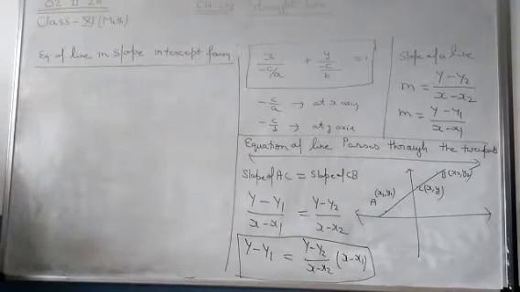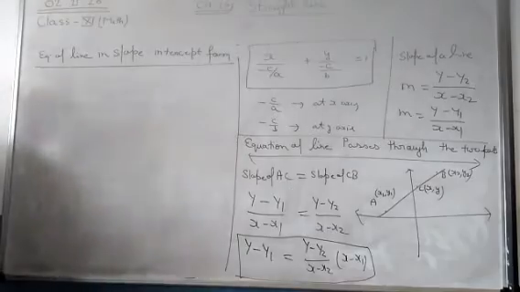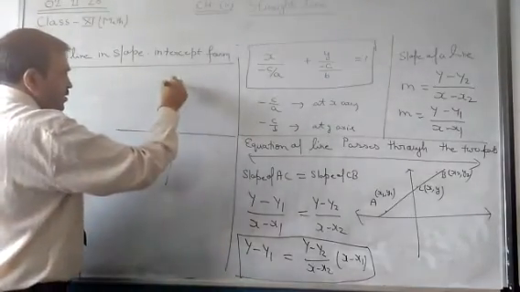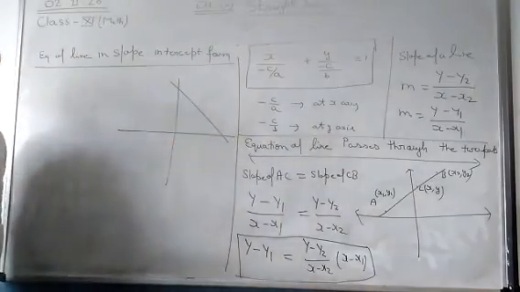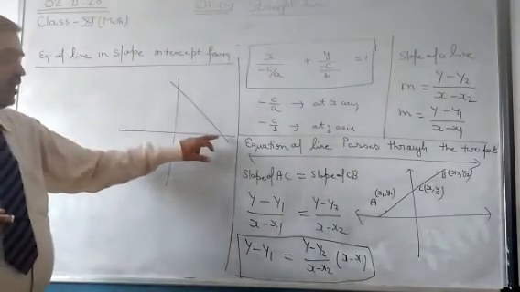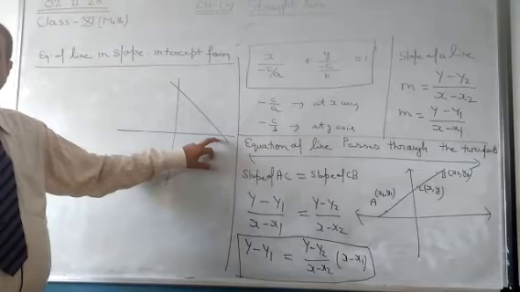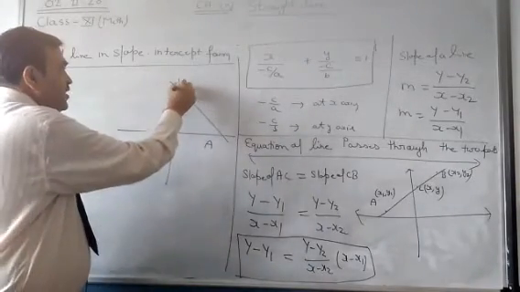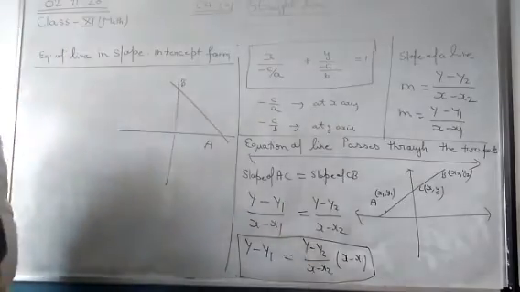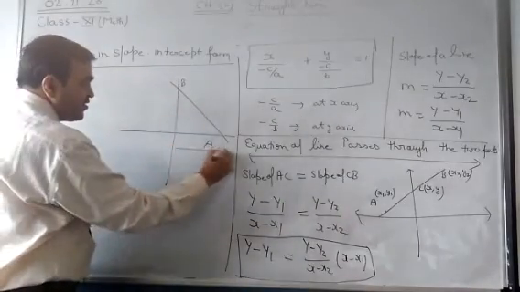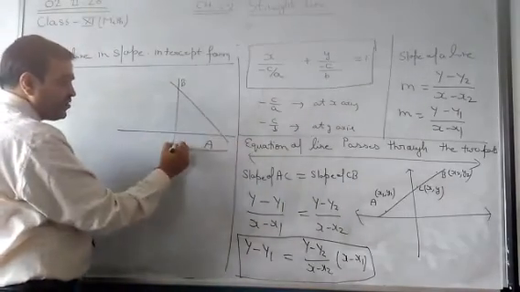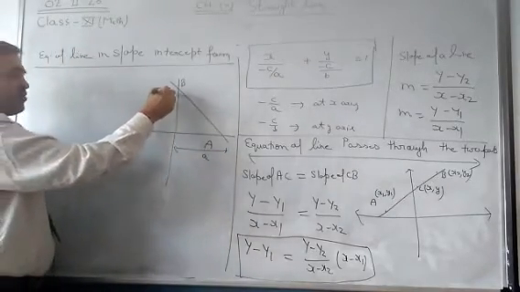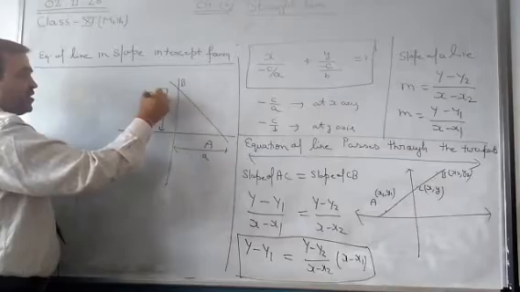Suppose a line intersects at a point A on the x-axis and a point B on the y-axis. Let the distance of this point from the origin be a and of this point from the origin be b.